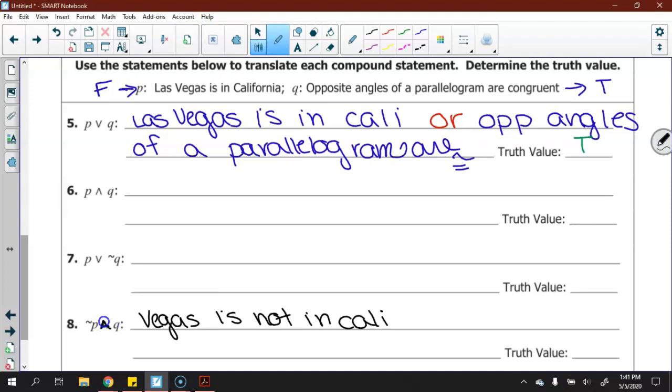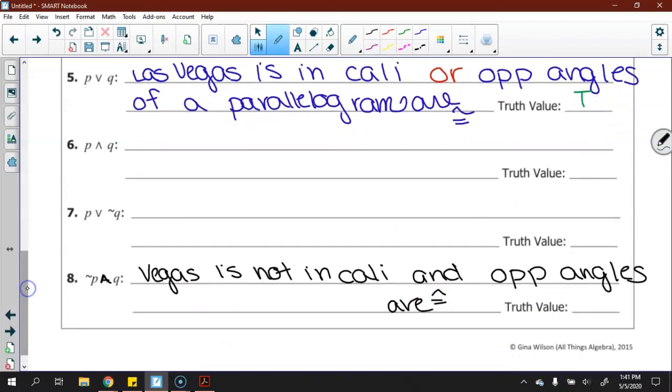Looks like a capital A. And opposite angles of a parallelogram are congruent. All right, so Vegas is not in California. That's now true, correct? And opposite angles of a parallelogram are congruent. This is also true. So because they're both true and it is an and, we can write true down here.